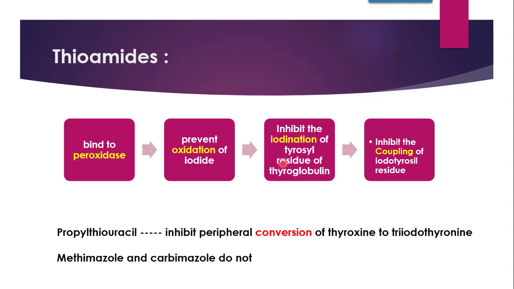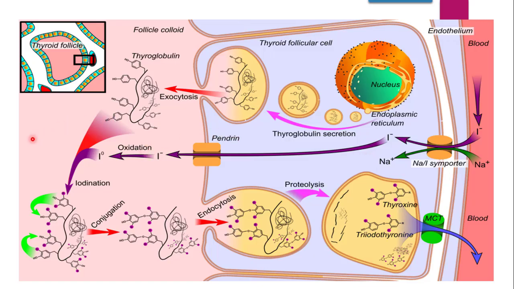That means according to this schematic, first step is peroxidase and preventing the oxidation, then inhibiting the iodination and inhibiting the coupling. So this is the target area for thioamides to act.